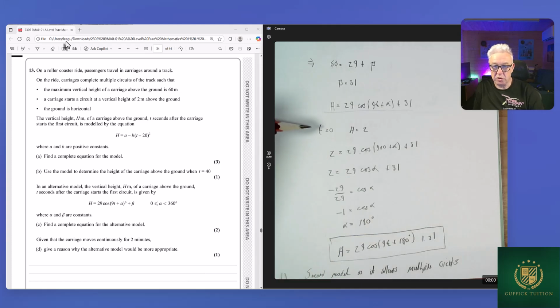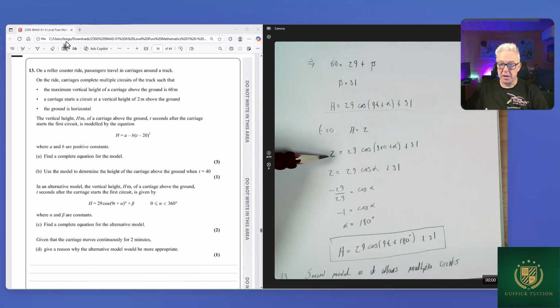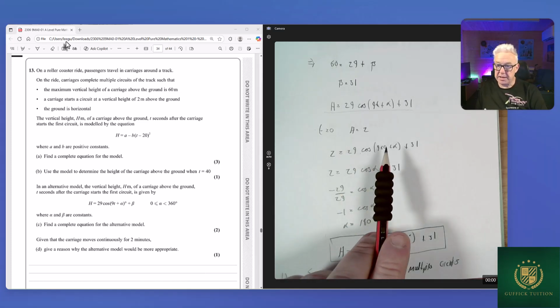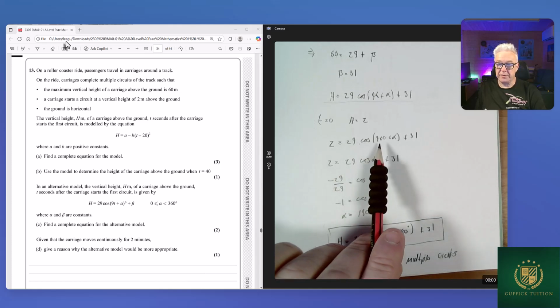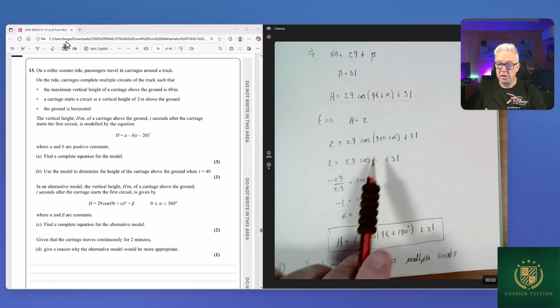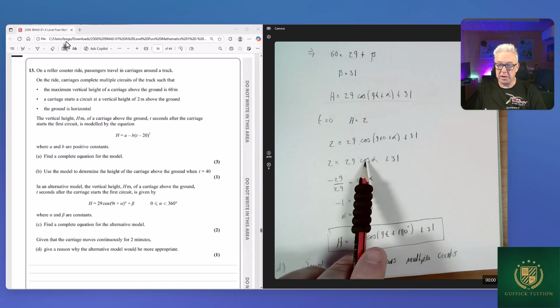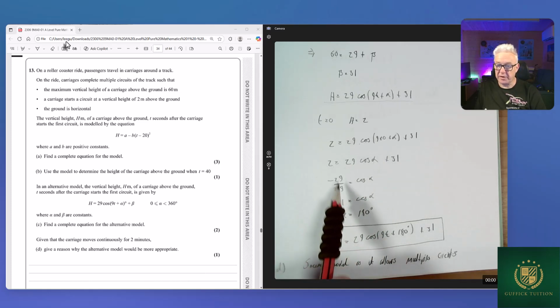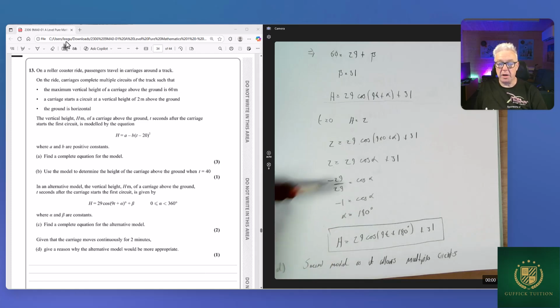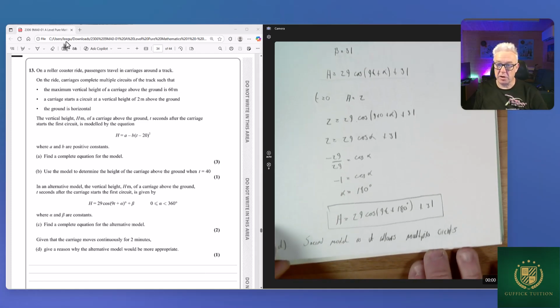Let's use that other boundary condition that when t is equal to 0, the height is 2. Put that in. h is 2, t is 0, so 9 times 0. So we have cos of (9 times 0 add alpha), which is just cos alpha. So we've got 2 equals 29 cos alpha add 31. Take 31 off both sides and divide by 29, and you get minus 29 over 29 is cos alpha.